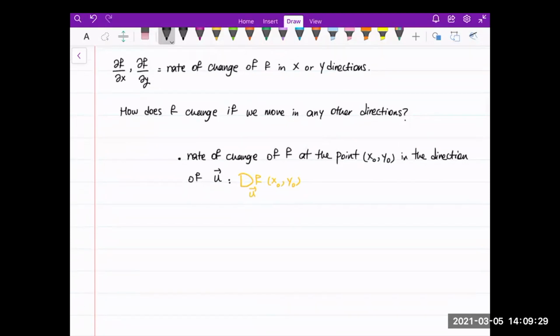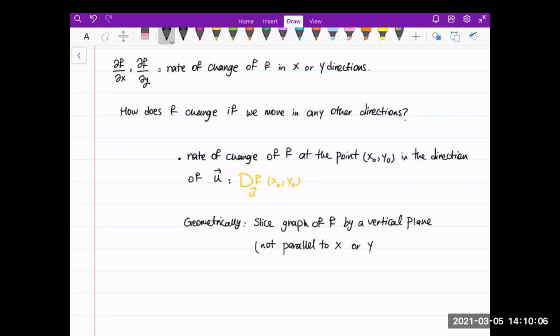Okay, geometrically, what do we say? Geometrically, we need to slice the graph of f by a vertical plane which is not necessarily parallel to the x or y axis.